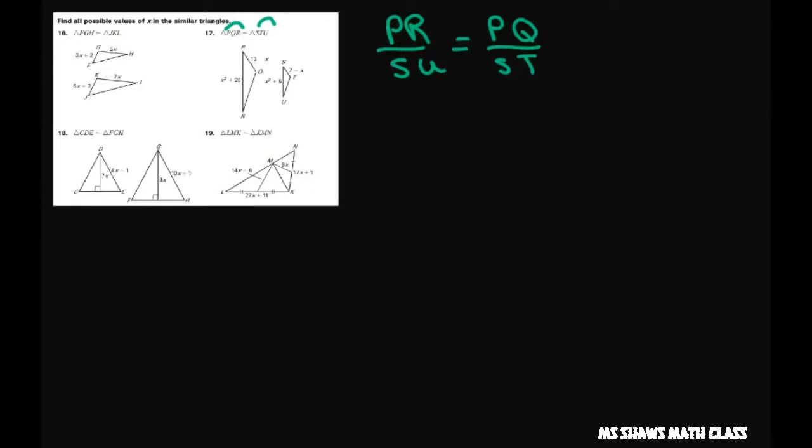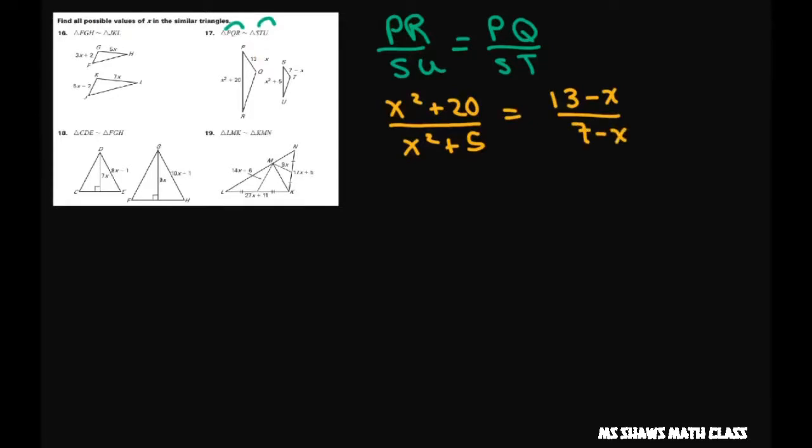So PR is x squared plus 20, and SU is x squared plus 5. And PQ is 13 minus x, and ST is 7 minus x.